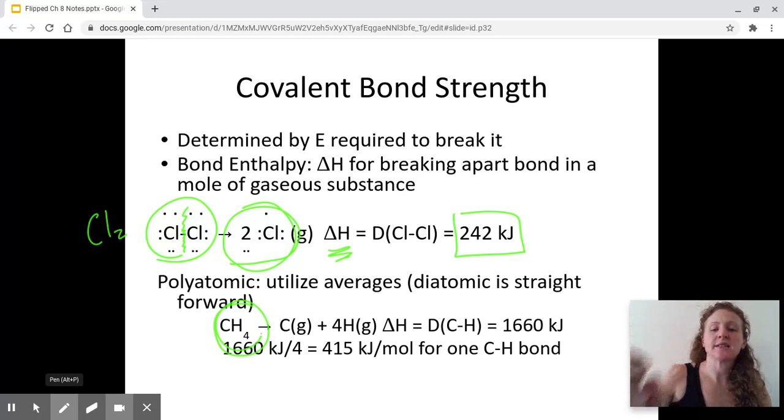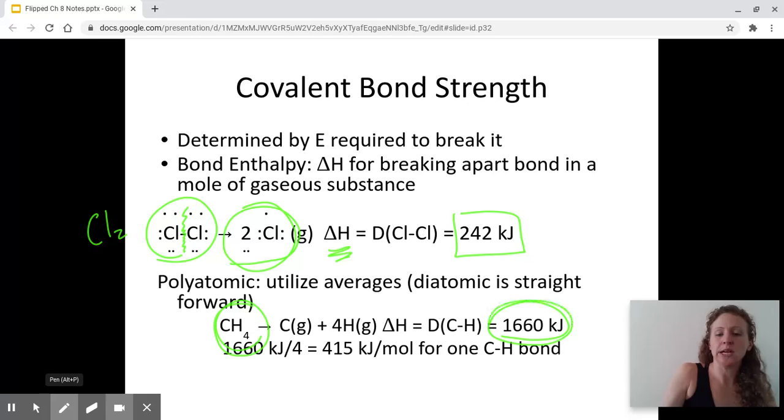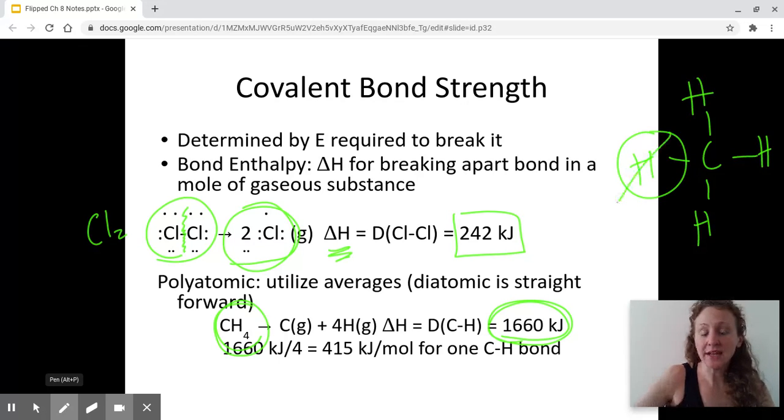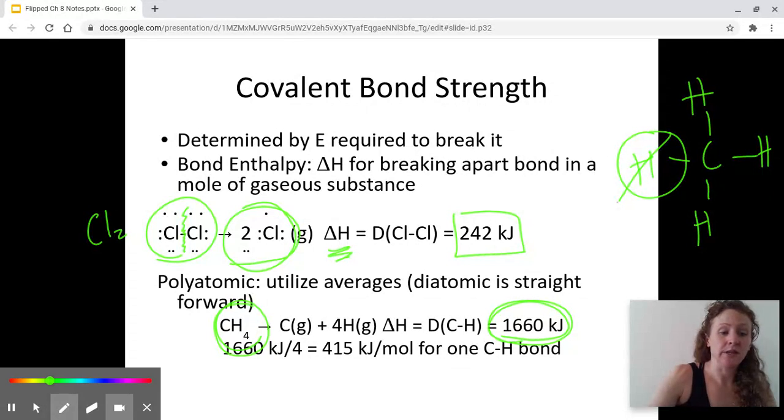So in this case, the bond enthalpy that you get out is an average. So if you remove the first hydrogen, technically that's going to take a different amount of energy than removing the second hydrogen.